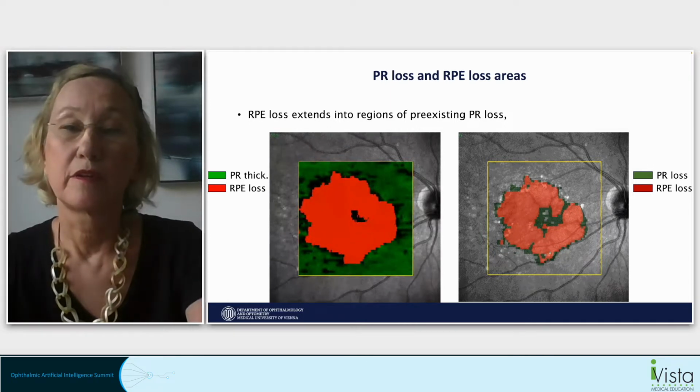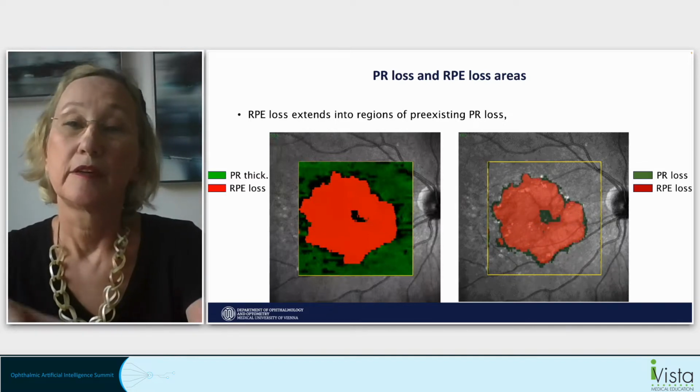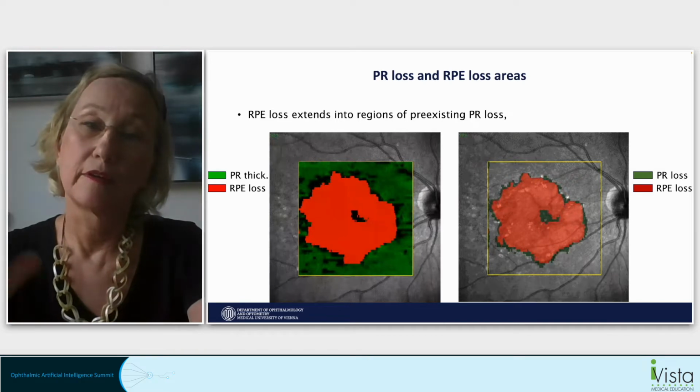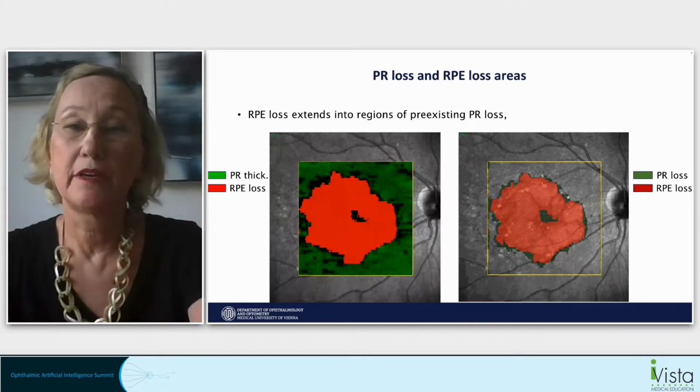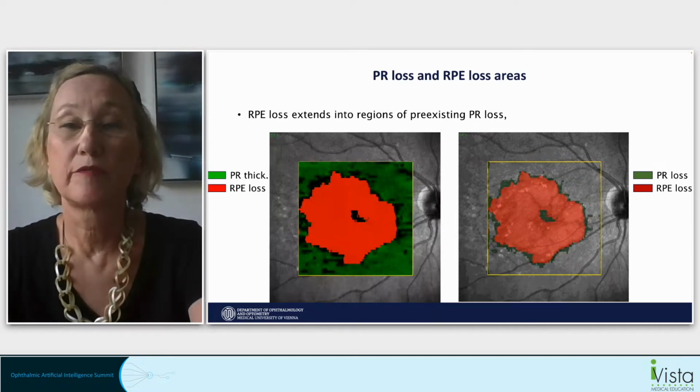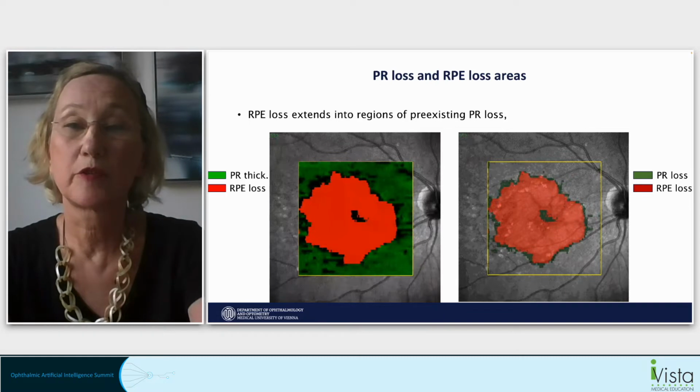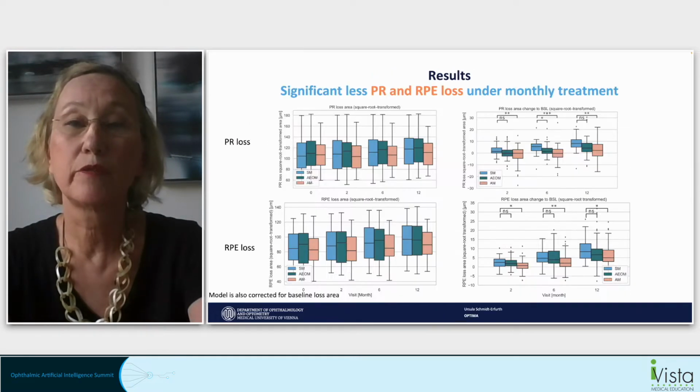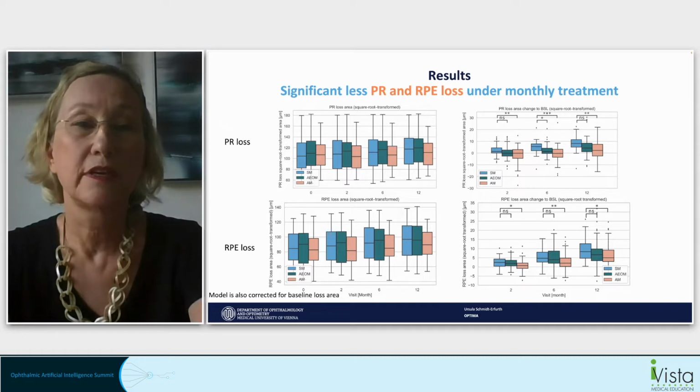And you can also tell the correlation between RPE loss in red and photoreceptor loss, which is shown in green. And you can already understand that RPE loss appears to follow the area of previous and pre-existing photoreceptor loss.